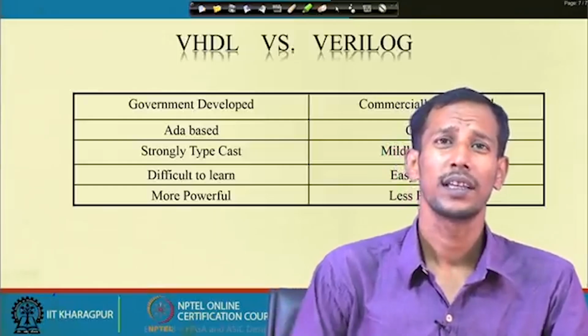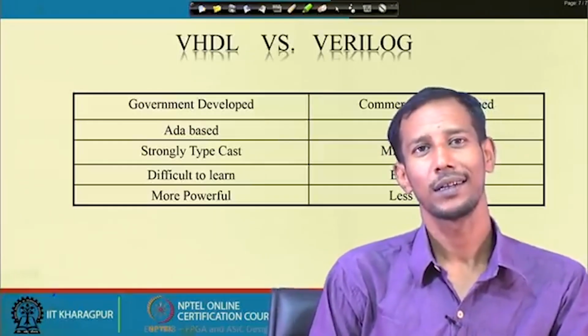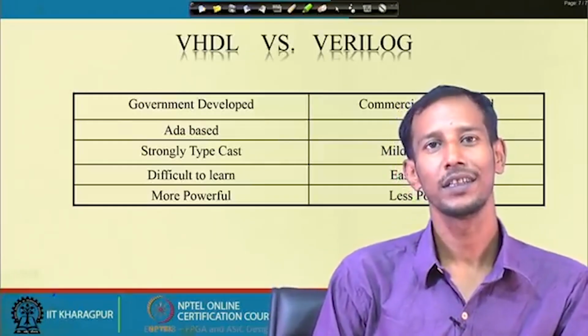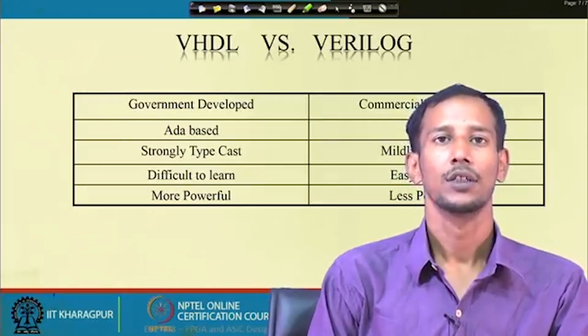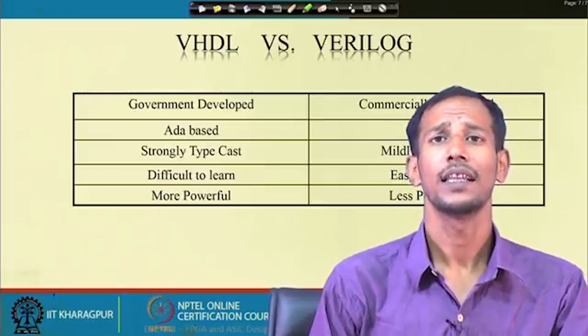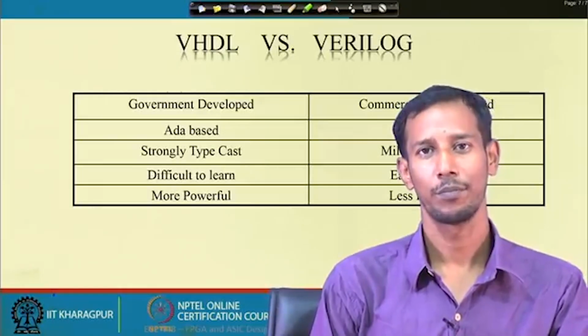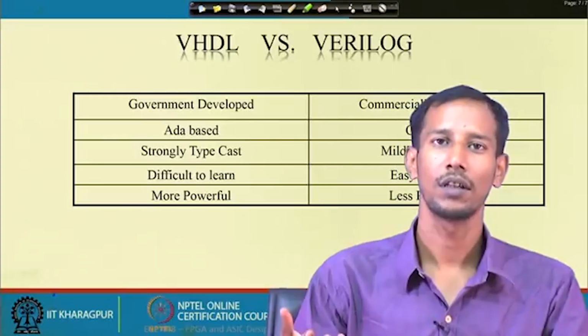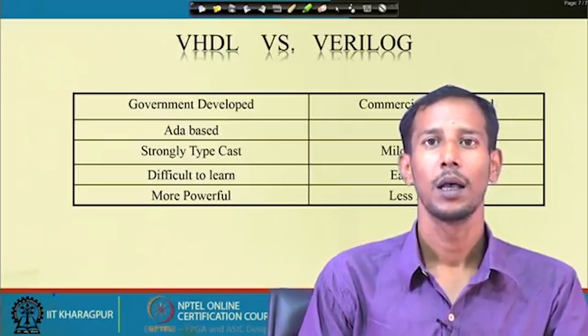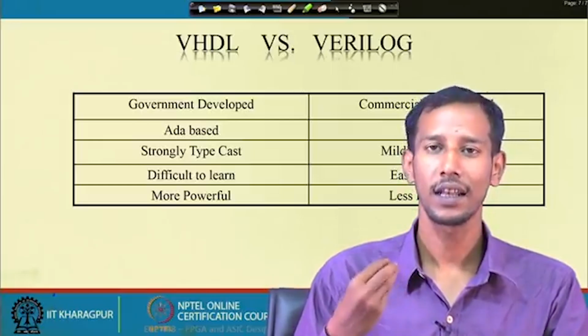Here is one slide regarding VHDL versus Verilog. What is VHDL and what is Verilog? I am telling you about designing one system, or how VLSI design passes through particular phases, but how do you describe the circuit?